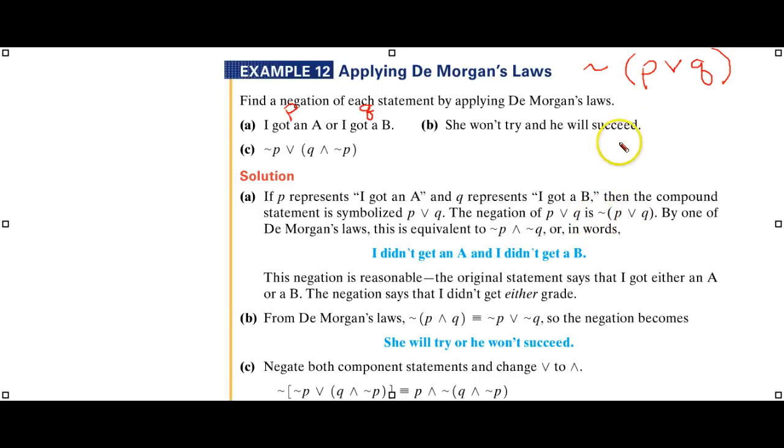Or you can convert it to, according to De Morgan's law, negate P, and now instead of an or, have an and, negate Q. And putting that into words, I didn't get an A, and I didn't get a B.